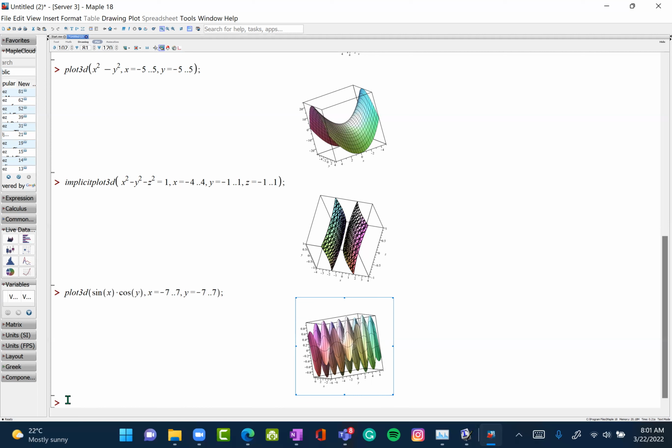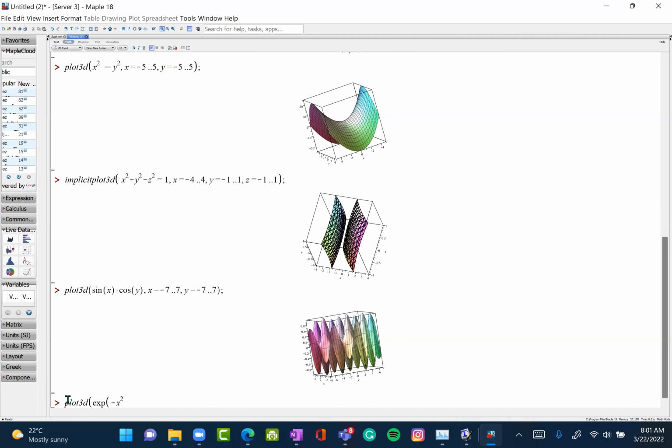Or you can Plot3D this, the exponential of minus x squared minus y squared.